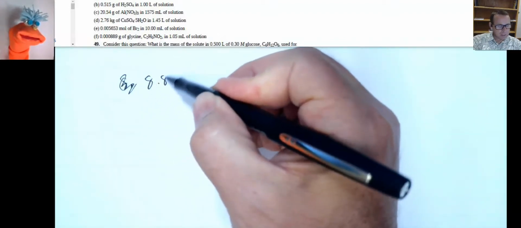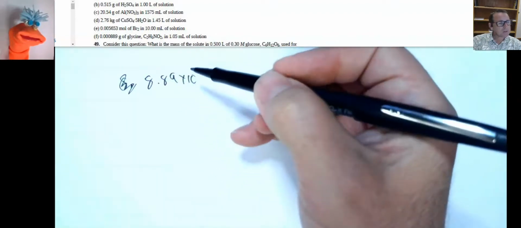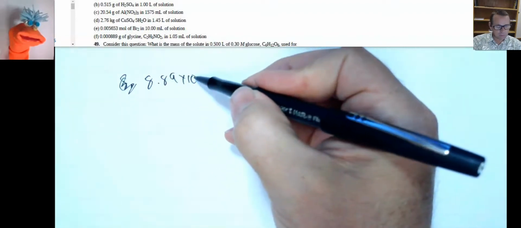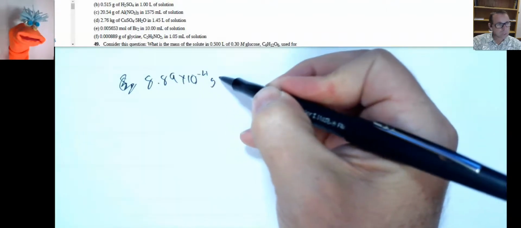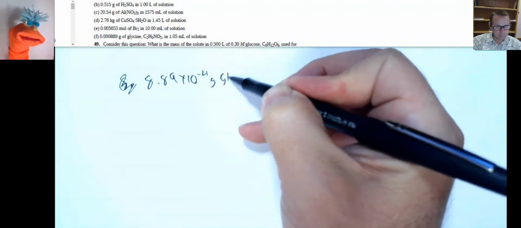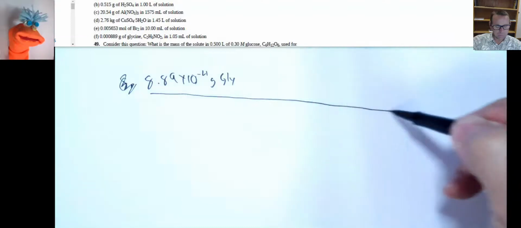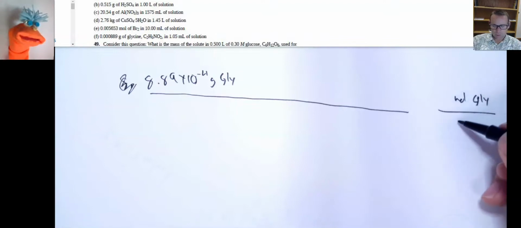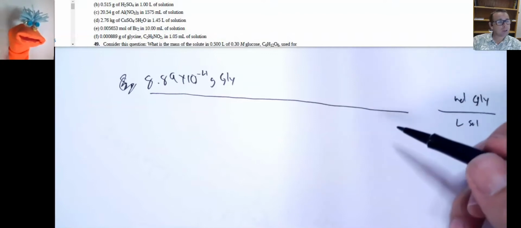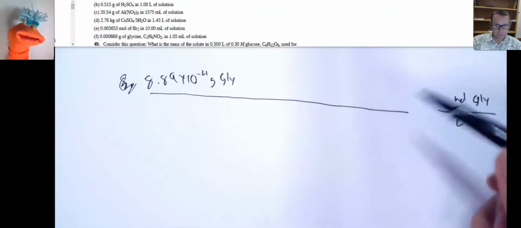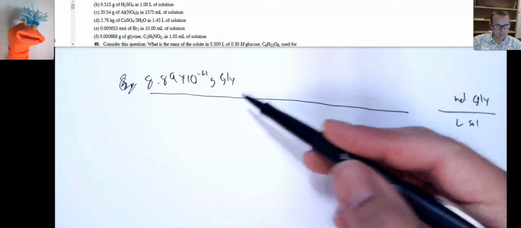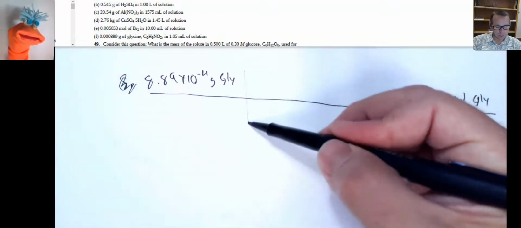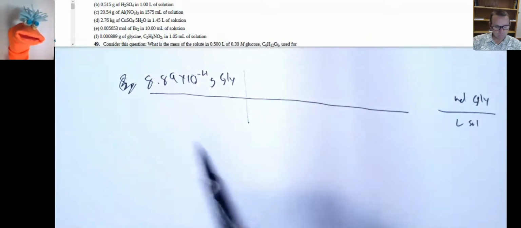Let's do 8.89 times 10 to the minus 4 grams of glycine. I just need to get moles of glycine for every liter of solution. It's 1.05 milliliters. Okay, so I could do that in my head, but that might not be comfortable for some.